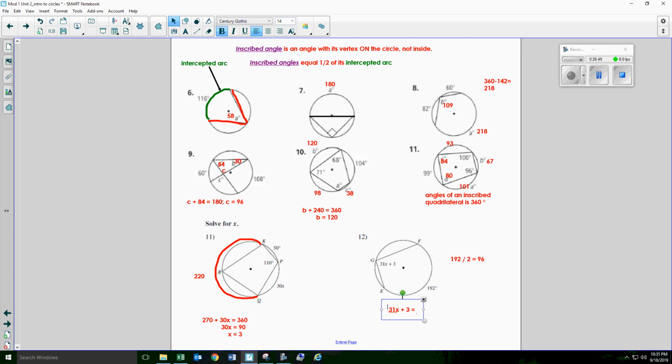Subtract the 3 across, that's the subtraction property of equality, and it equals 93. Last step, divide by 31 on both sides, the division property of equality, and that gives me 3. X is 3. So in both of these cases, x happens to be 3.